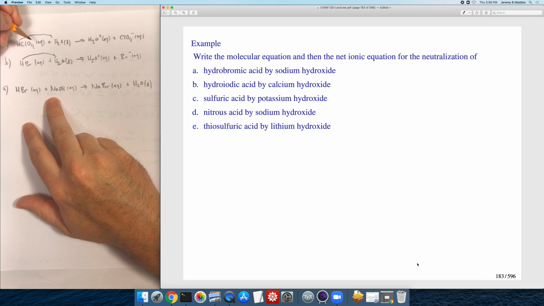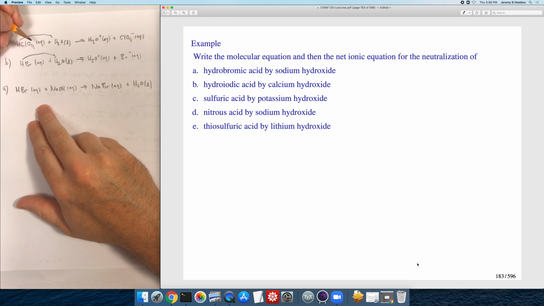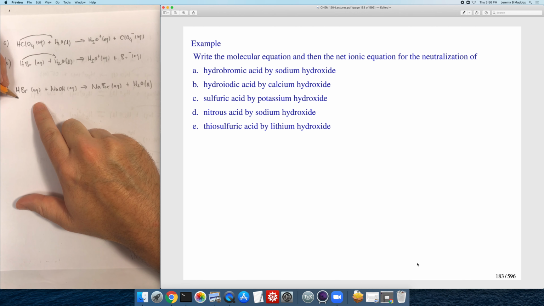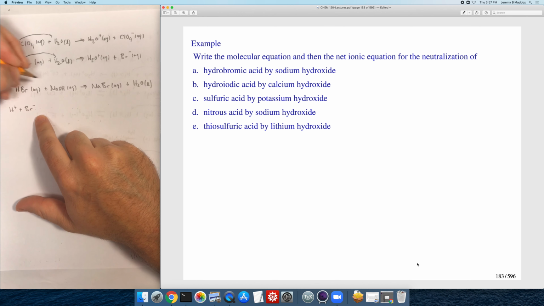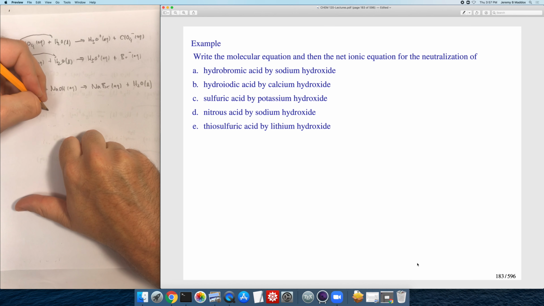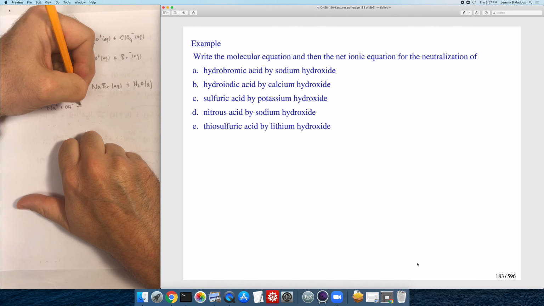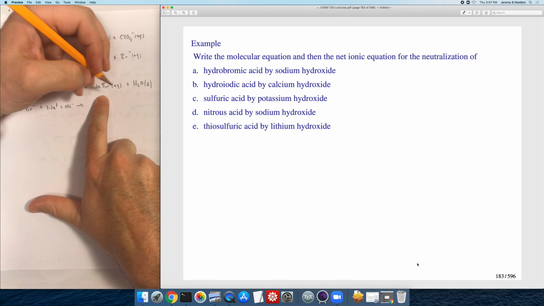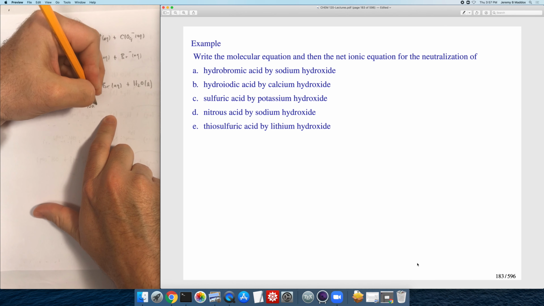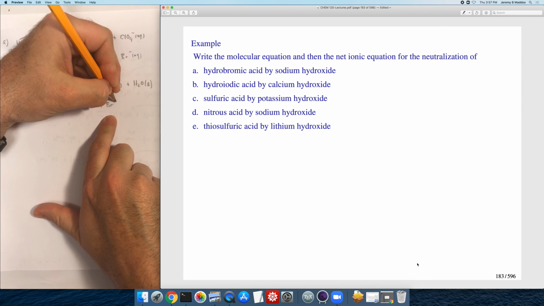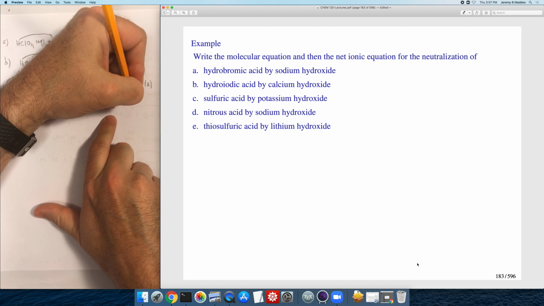Here they're asking us to write out the net ionic equation. Okay, take your strong electrolytes, the hydrobromic acid, break them up into their ions. Sodium hydroxide is also strong. Sodium bromide is a strong electrolyte, so we can break that one up as well. Water, however, is not an electrolyte.